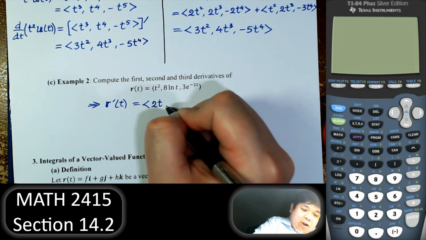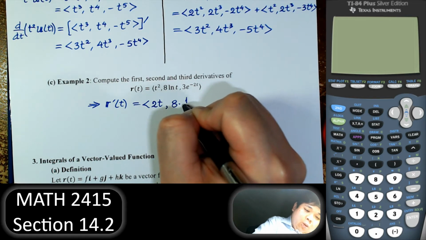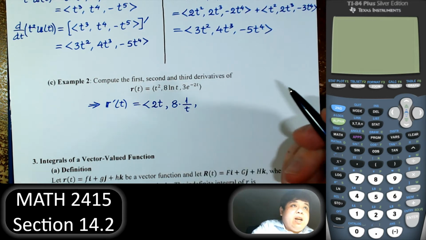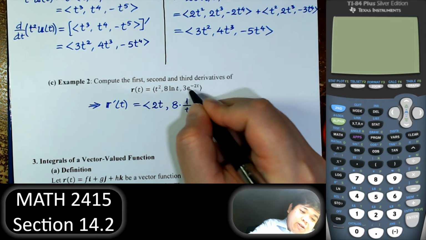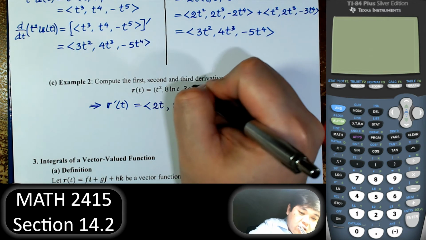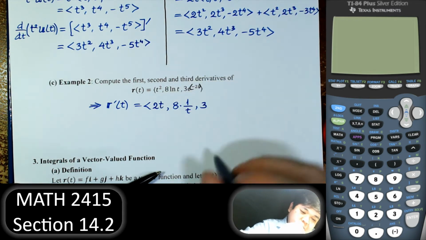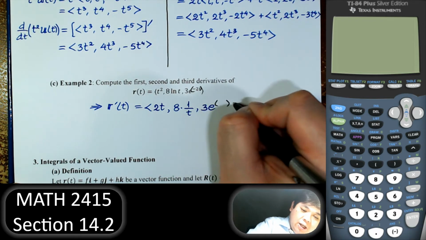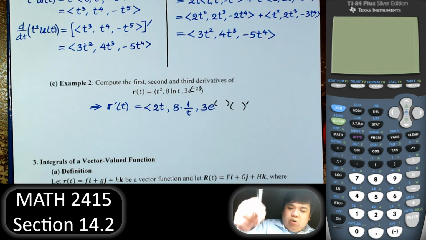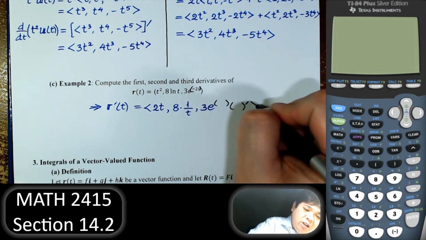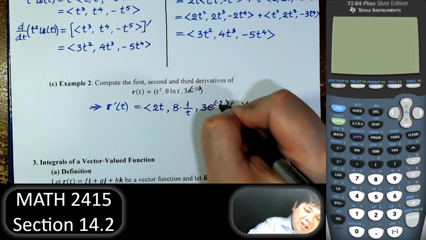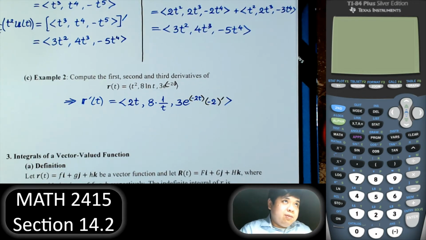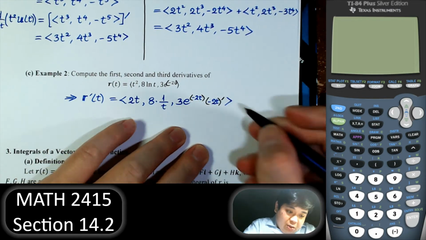Derivative of ln of t is 1 over t, and then times 8, and then derivative of e to something, just the chain rule: e to that, and then derivative of that. I'm just going to write it like that. If you don't want to, it's perfectly fine. Just make sure we do it correctly.